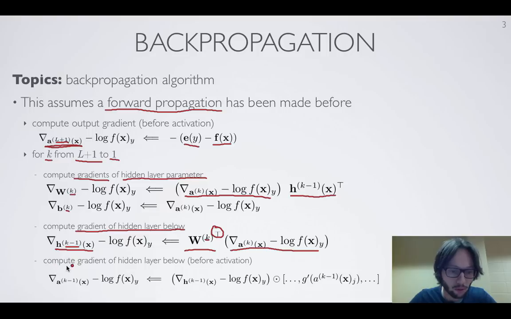And then we'll compute the gradient before the activation, so the pre-activation gradient, which we see here. And we've seen that it corresponds to taking the gradient of the activations and then doing an element-wise multiplication with the activation function derivatives at the value of the pre-activation.